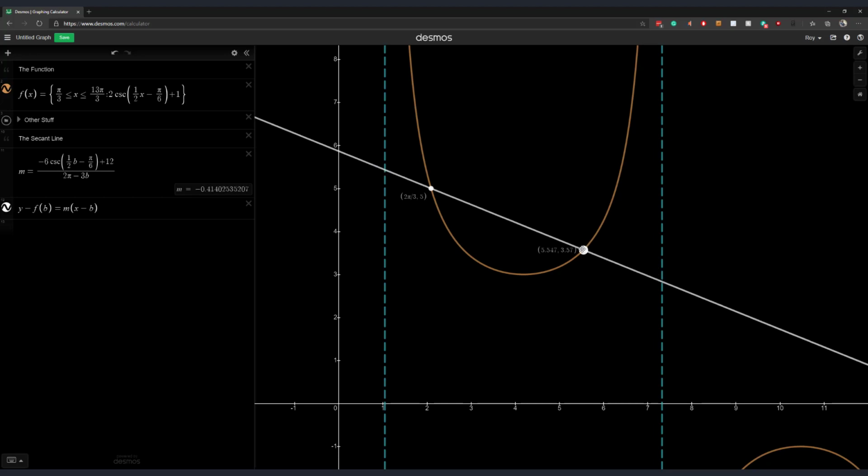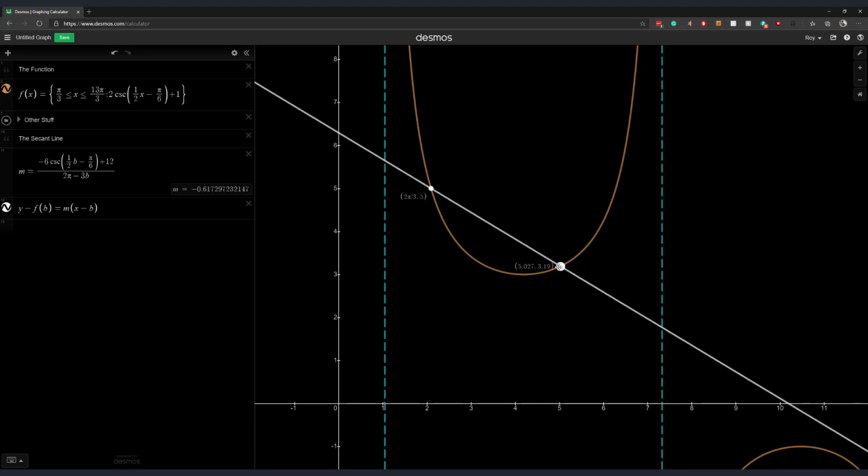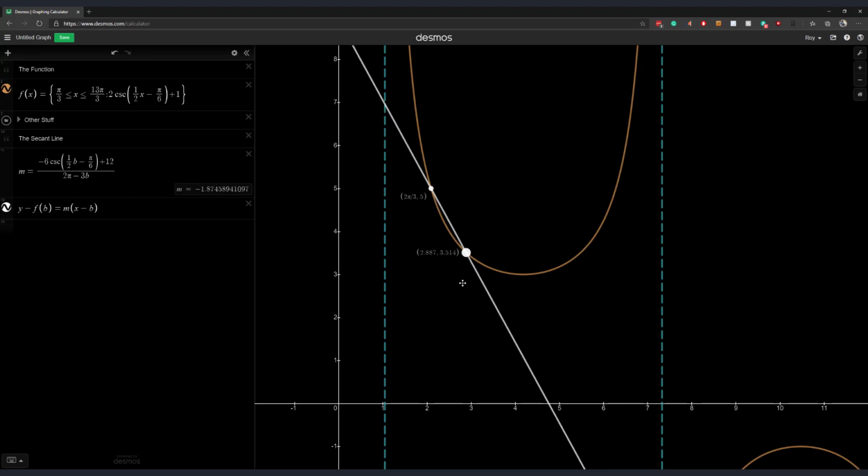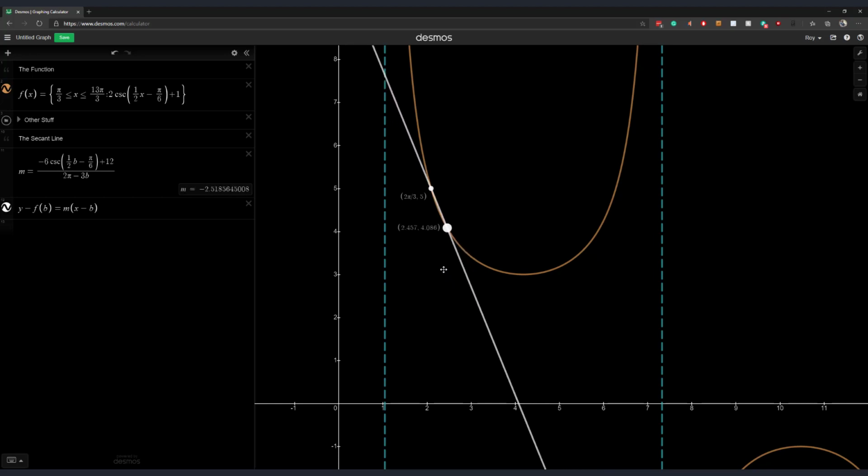And as you move that b comma f of b closer to our anchor point, something magical happens. It ends up approximating what we would call the tangent line to the curve.